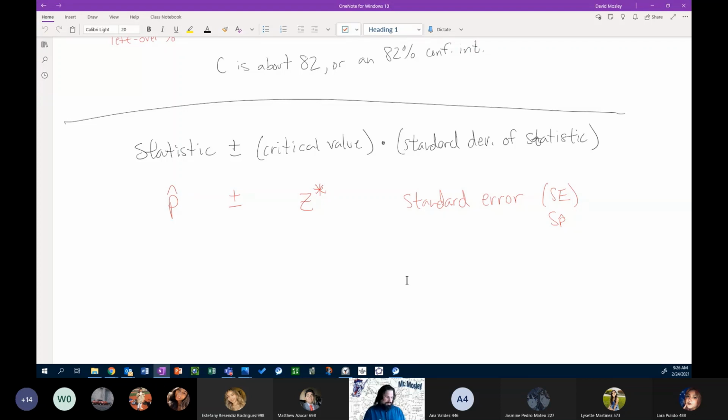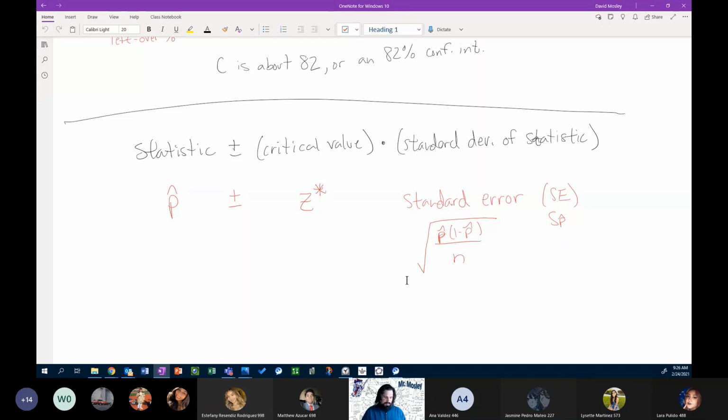Now, standard error is that part of the formula, right? And z star is found using table A.